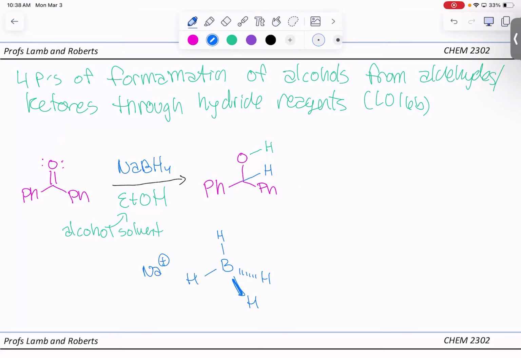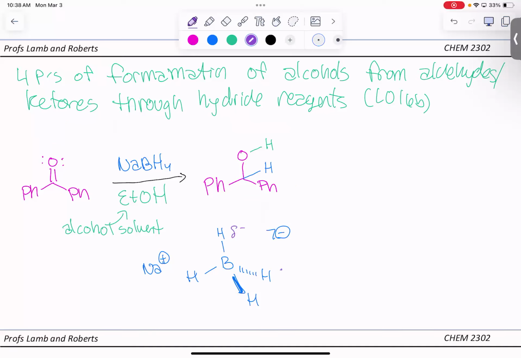What we're looking at here is this negatively charged compound, the borohydride is negatively charged, and we see that our delta minus is on the H's. So that overall minus charge is distributed across the 4 hydrides, meaning that these are nucleophilic hydrides.